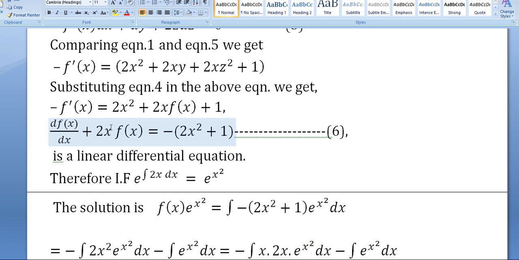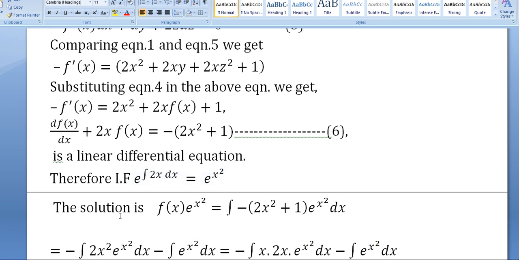The value of p here is nothing but 2x. So the integrating factor is e to the power of integral p dx, which is e power integration of 2x dx, which is equal to e to the power of x square.